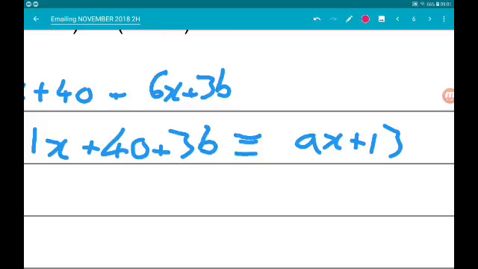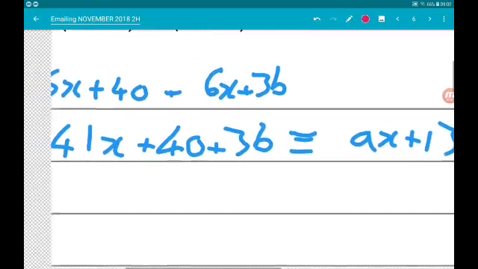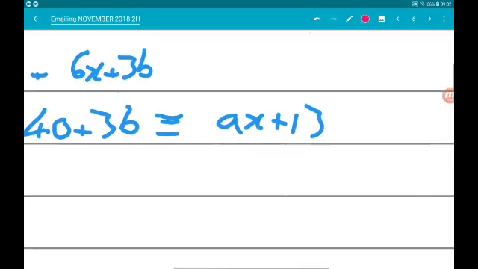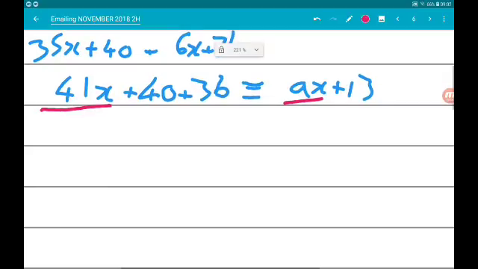Let's compare the x's first. We have 41x over here, and ax over here. So that means a has to be 41.